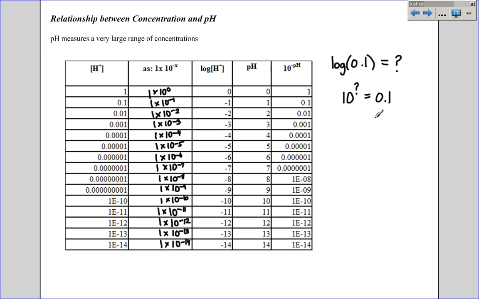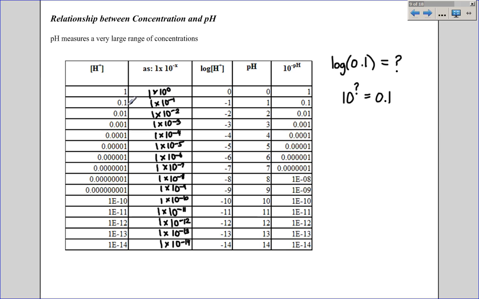So any time you enter log and a number, you're asking your calculator to tell you what 10 needs to be raised to in order to retrieve that number. This is why we put these numbers into scientific notation, because the number 1 is really equivalent to 10 to the 0. So if I want to know the log of 1, I need to know what 10 needs to be raised to in order to give me 1. So 10 needs to be raised to 0.